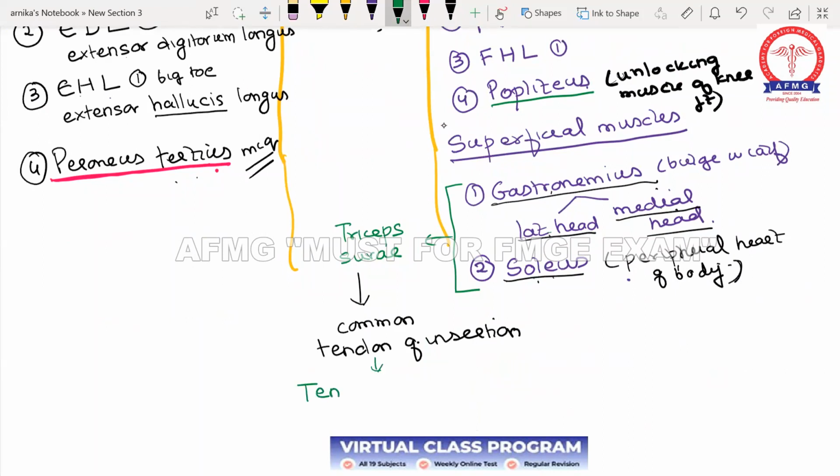tendo Achilles, also known as tendo calcaneus. Very, very important MCQ this is. This is the strongest tendon of the body.